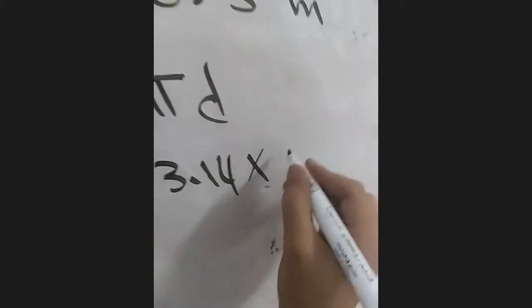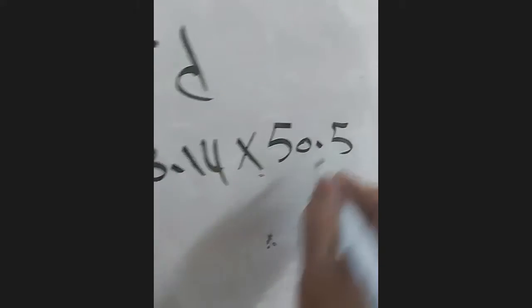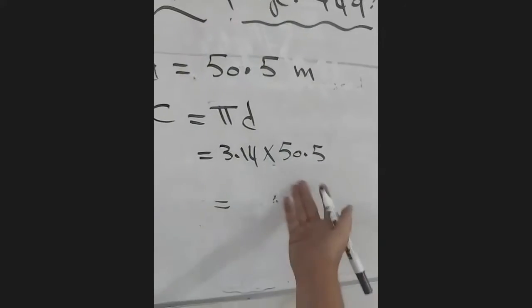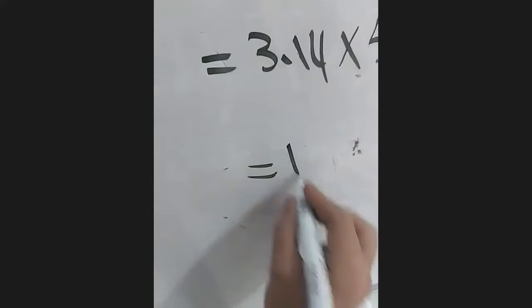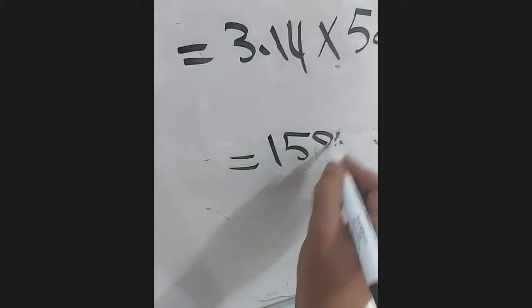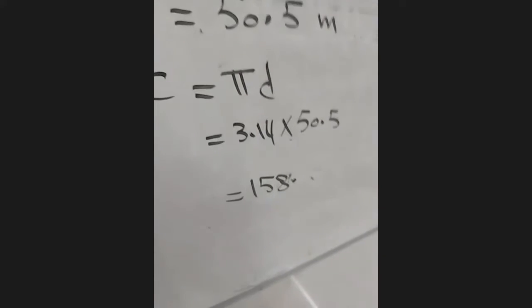50.5. Now we will multiply these two numbers, and I'll multiply them for you using my calculator quickly. We know how we multiply this, but it should be 3.14 multiply 50.5 equals 158.57.